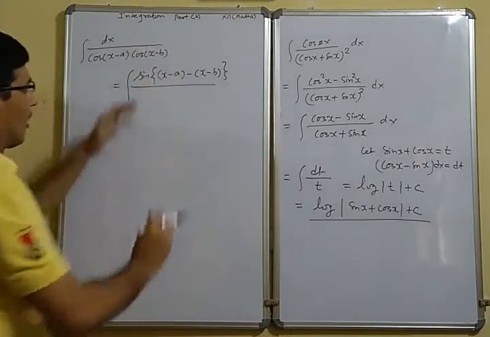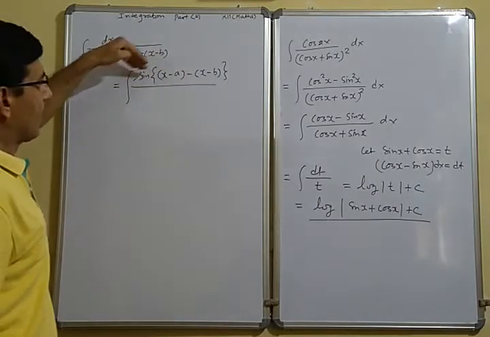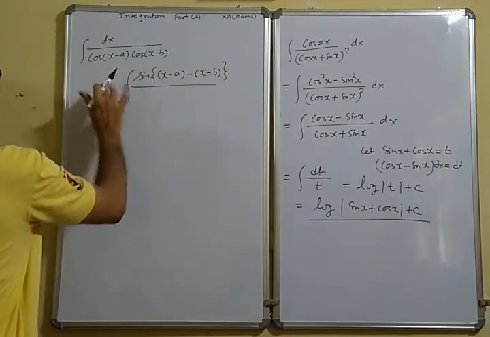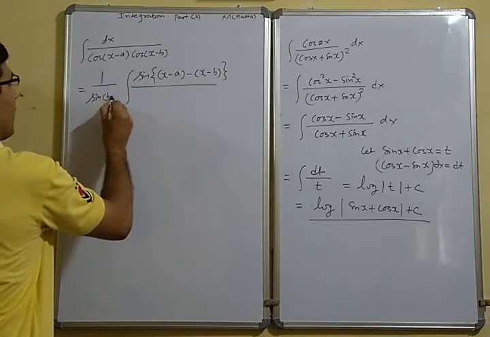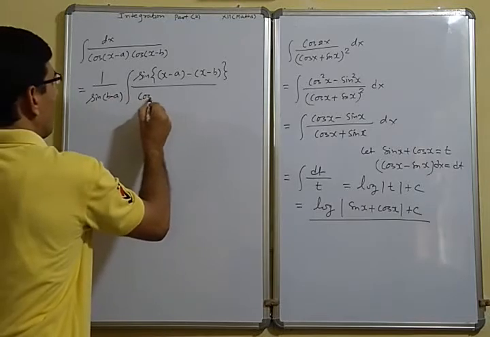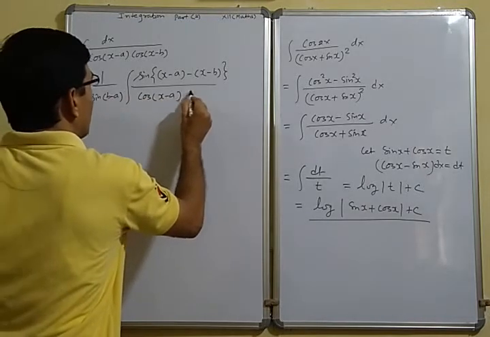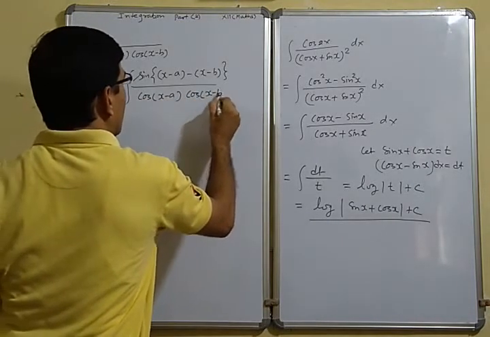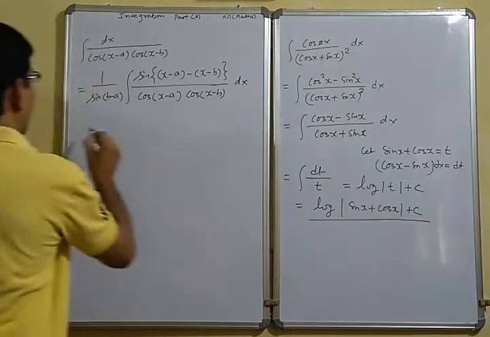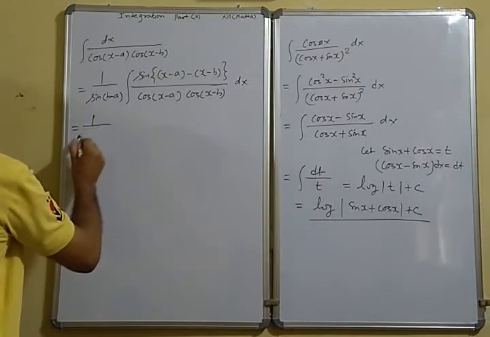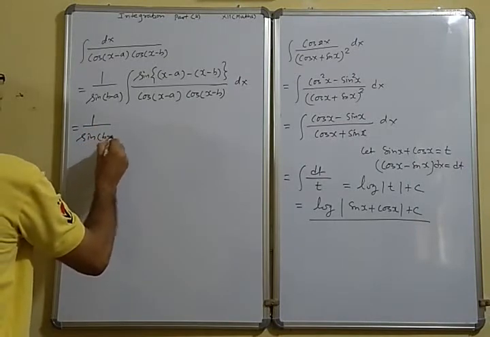So now we have multiplied by sin(b minus a), so we divide by sin(b minus a): 1 upon sin(b minus a), and this is cos(x minus a) into cos(x minus b) dx.